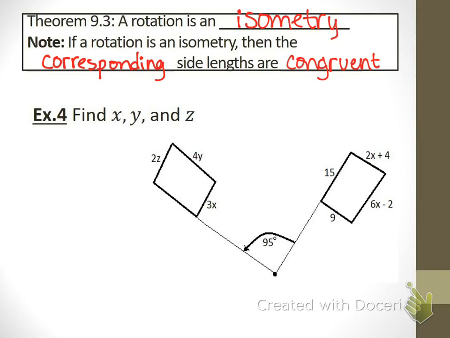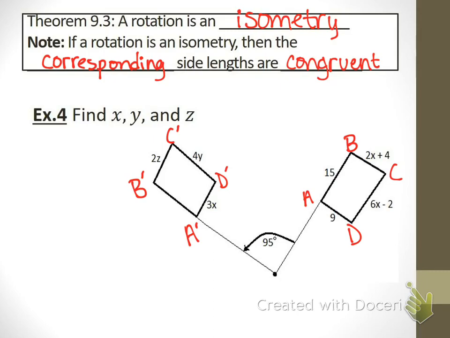Does that make sense? I know they didn't label our vertices here, but we could label them. For example, we could label this A, B, C, D, and then over here, this corner that my ray is touching would be which one? A prime. Above A prime would be B prime, and we would continue working our way around the figure. So if it helps to go through and label it, if they're not already labeled, you could do that.